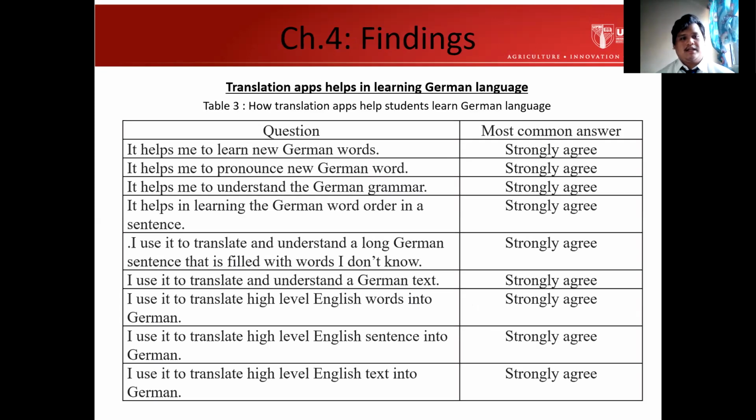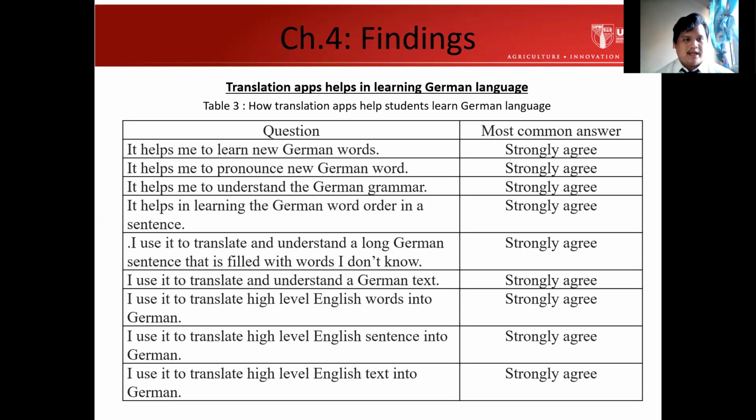Next is how translation apps help in learning the German language. Now on the right is the most common answer chosen by the students for each question. For all 9 of the questions in this section, the most common answer is strongly agree. This only shows that the translation apps benefit the students a lot.